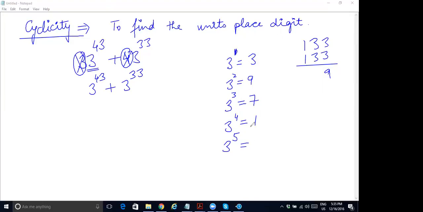When we go to 3 to the 5, we again get the units place digit of 3. That means after every 4 exponents, the units place digit of 3 starts repeating itself. So the cyclicity of 3 is 4.